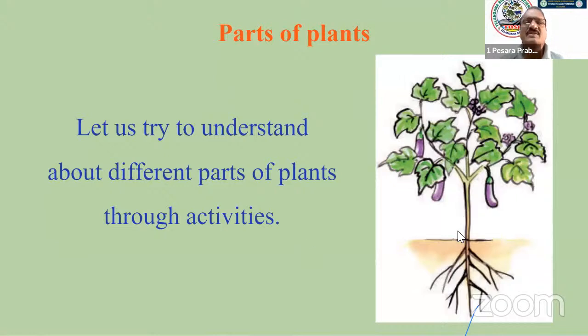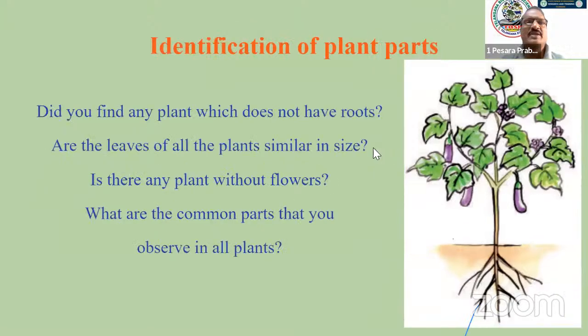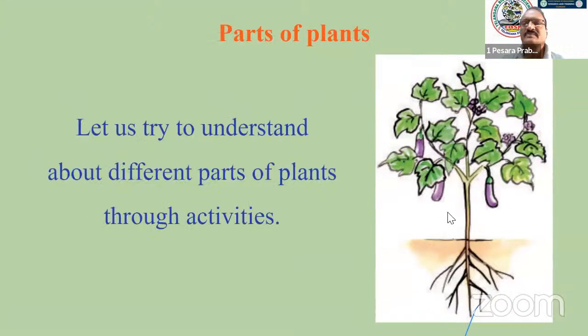Some parts are visible in this picture. Okay. So, this is the root system or roots, and this is the stem, and these are the branches, and these are the leaves, which look green in color. Of course, some flowers, fruits are there.